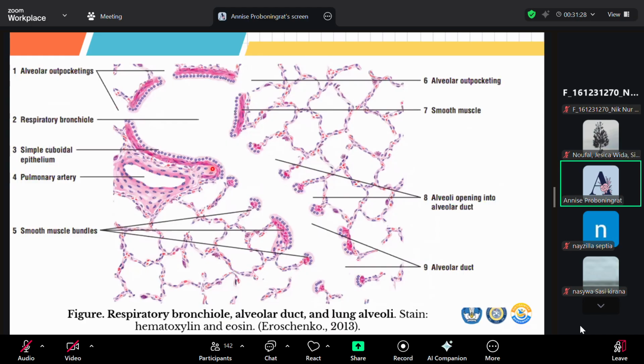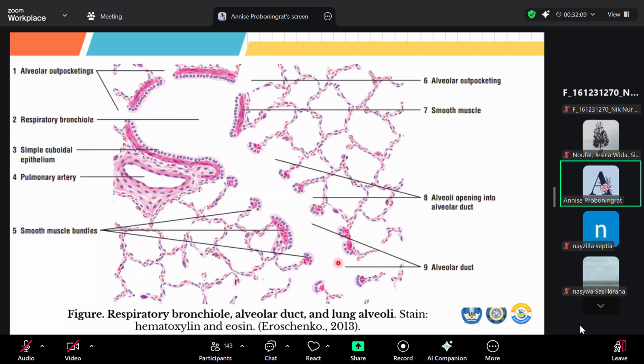This is the respiratory bronchiole. The respiratory bronchiole has alveolar outpocketing or alveolar openings in the wall of the bronchiole, and the mucosa consists of simple cuboidal epithelium without kinocilia.